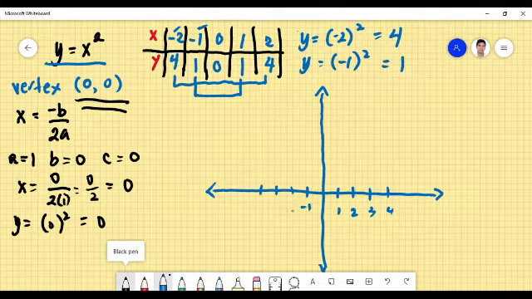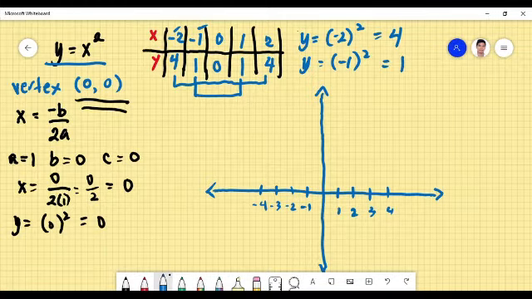So we have negative 1, negative 2, negative 3, and negative 4. So yun yung sa ating x-axis. And then, mapapansin na puro positive naman yung y-axis, so dito na lang natin lagyan: 1, 2, 3, 4, 5, 6. And then we are ready to graph.